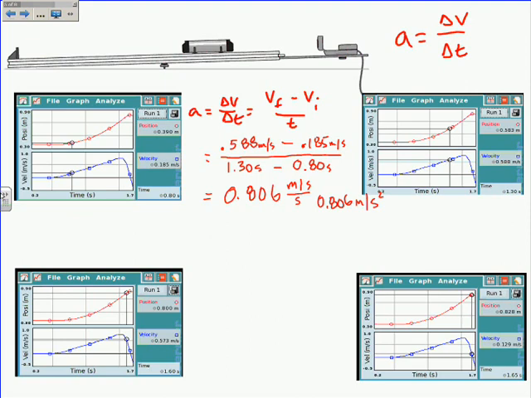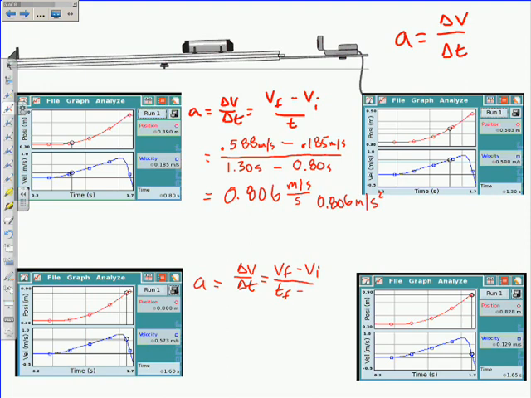We do the same analysis that we did for the first part. So the acceleration equals delta v divided by delta t, or v final minus v initial all over t final minus t initial. Now I didn't write that before, but hopefully we get the idea that delta t is a change in time, and to do that we calculate final minus initial. So once again, we go back to our graphs, and I picked this point right here.